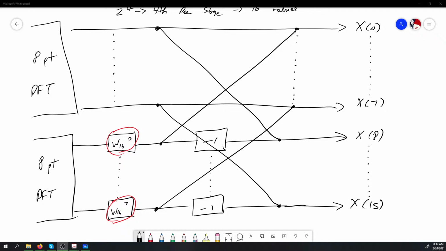Alright, so that basically brings us to the end of question 9. Is there anything that seems a little bit unclear about how we went about doing this sketch?